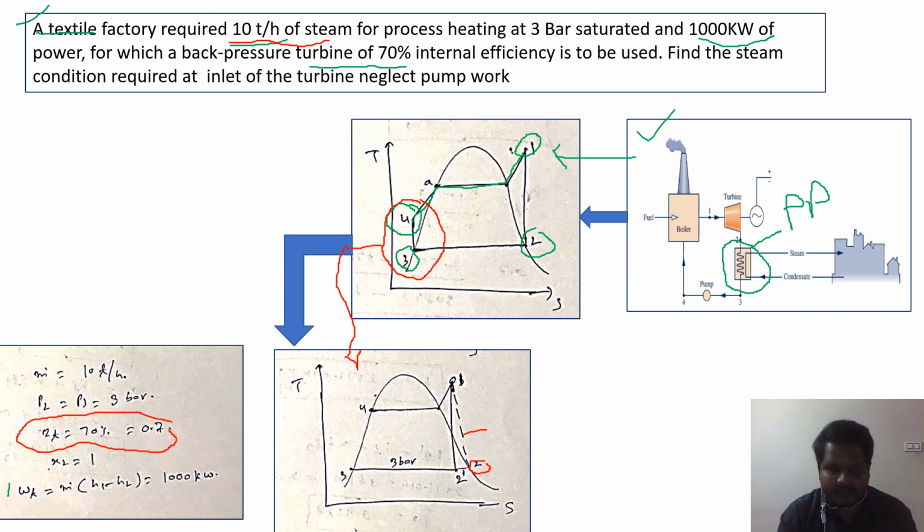That is the reason why in this problem we consider losses in the turbine. Okay, so by using this logic we are going to find the steam condition required at inlet of the turbine.